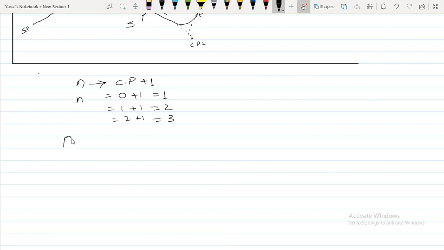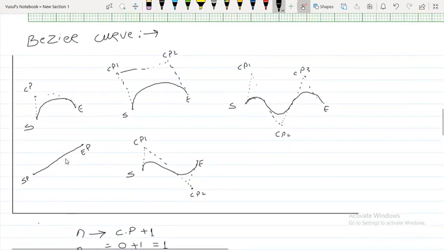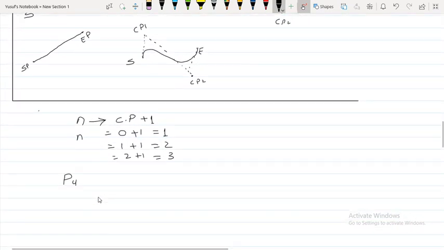the equation for the points on the Bezier curve. We can say P(u) is the points on the Bezier curve. Here we will construct the Bezier curve by using one parameter u, which is varying from 0 to 1.